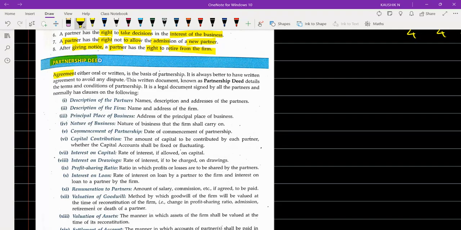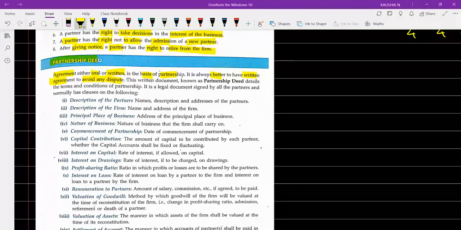An agreement, either oral or written, is the basis of the partnership. It is always better to have a written agreement in order to avoid any dispute. So in a partnership business, there is a lot of scope for disputes.